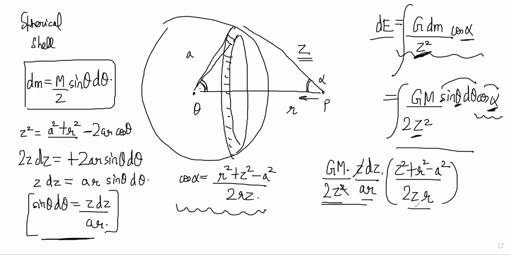So you get 4ar square, and z square you can take inside. So you will get basically the expression dE equals gm by 4ar square.